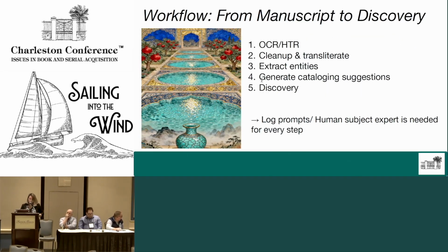So let's look at the heart of this solution. Our goal is to transform unsearchable regional manuscripts into fully discoverable assets. This involves a 5-step workflow. We start with OCR or HTR to convert manuscripts to machine-readable text. Then we clean and transliterate metadata, extract entities, and use large language models for cataloging suggestions, as well as metadata enrichment.